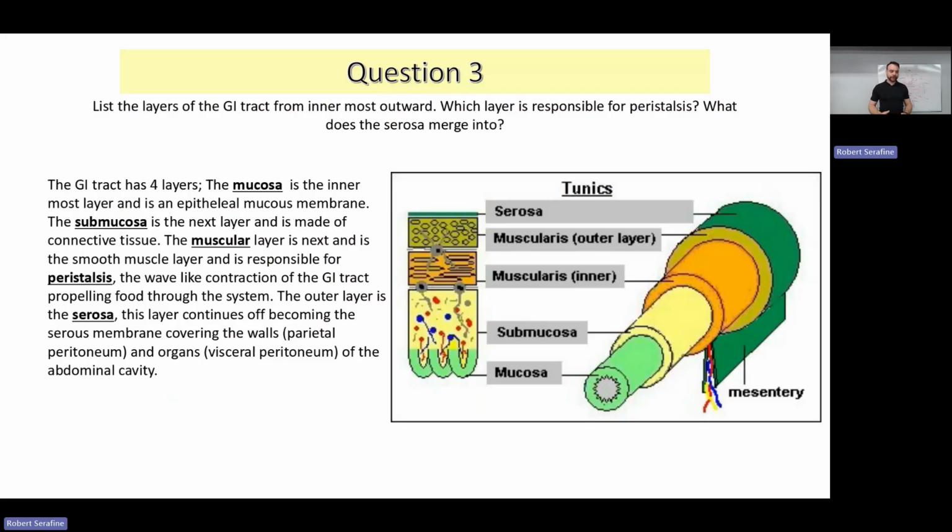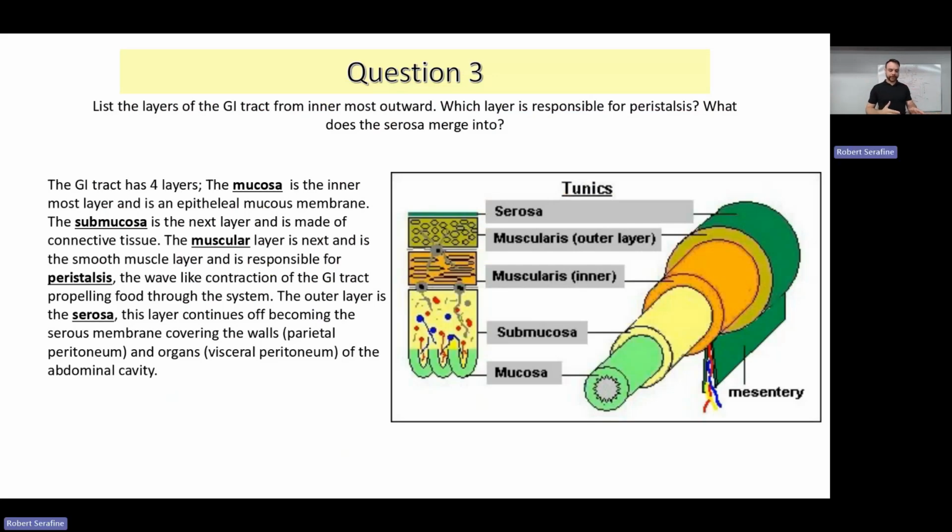And that's no exception here. So we have four walls or four layers of the gastrointestinal tract, and we're going to be looking at these layers from the inside to out. And by that I mean, if I were to reach down through my throat and touch the inside of my esophagus or stomach, I'm touching the innermost layer.